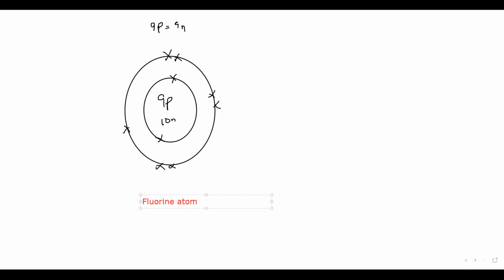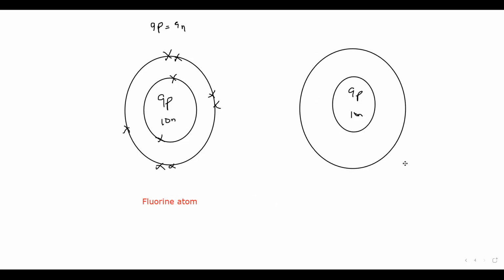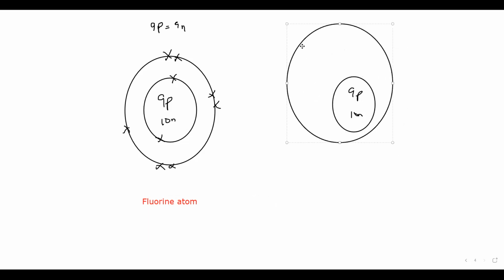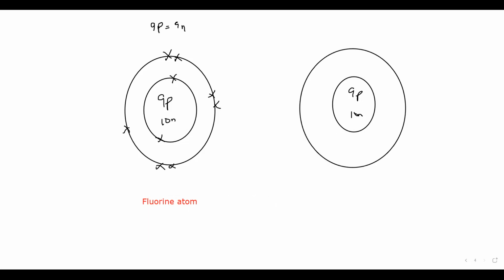But because fluorine is a non-metal, it can gain an electron. So 9 protons, 10 neutrons. The first shell has 2, the second shell has 7 electrons belonging to fluorine, and one electron it took from some other element. If it took that electron, what will be the charge on the fluorine?